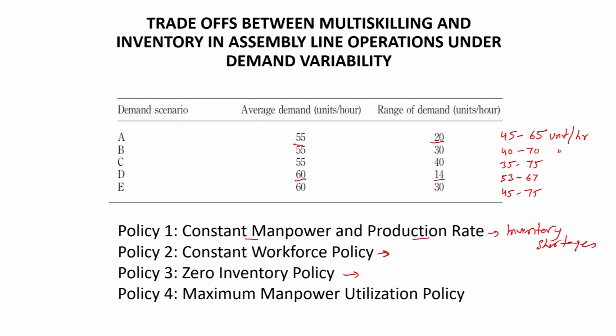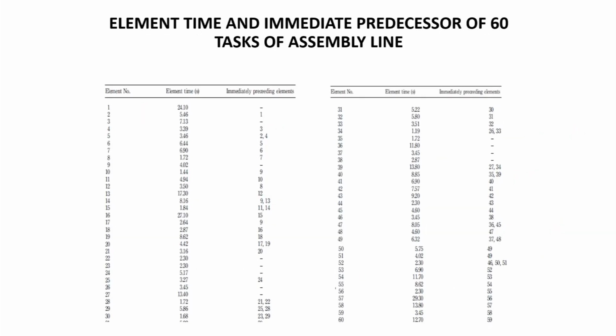Let us take one data set from a line. It has 60 elements, and you will find element number, element time and immediate preceding elements. So, we have the data of 60 elements required to assemble, with element time and predecessor elements.